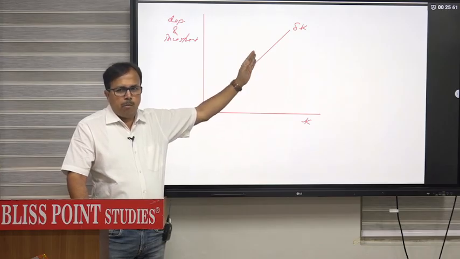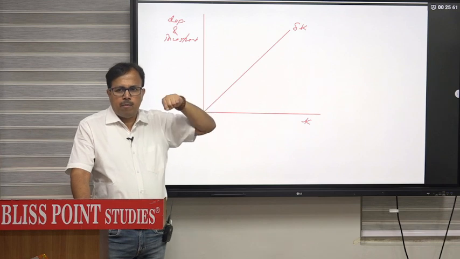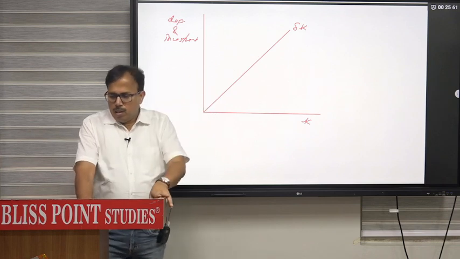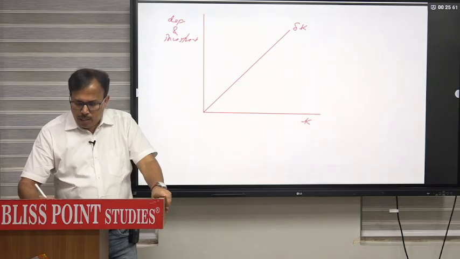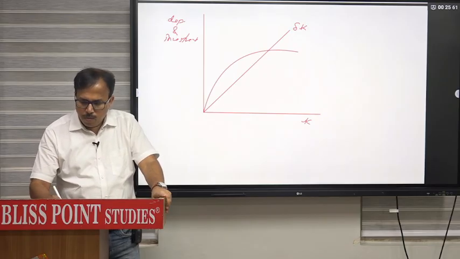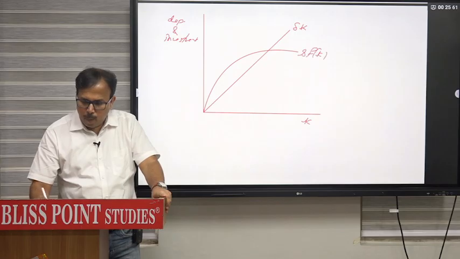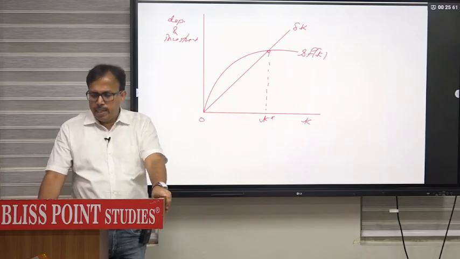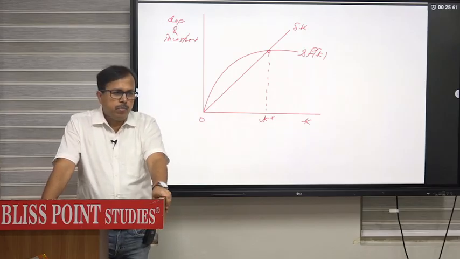The line can be steeper or flatter depending upon that number of delta. And investment is nothing but savings. So S function of K, their equality will determine steady state. Equality determine करेगा steady state को.